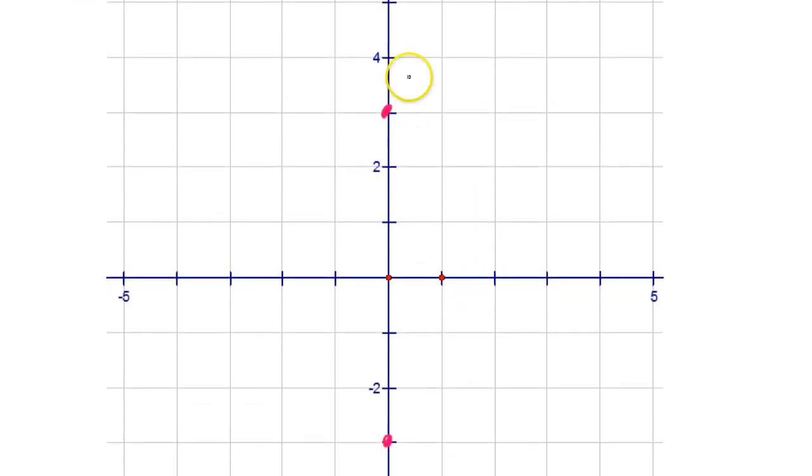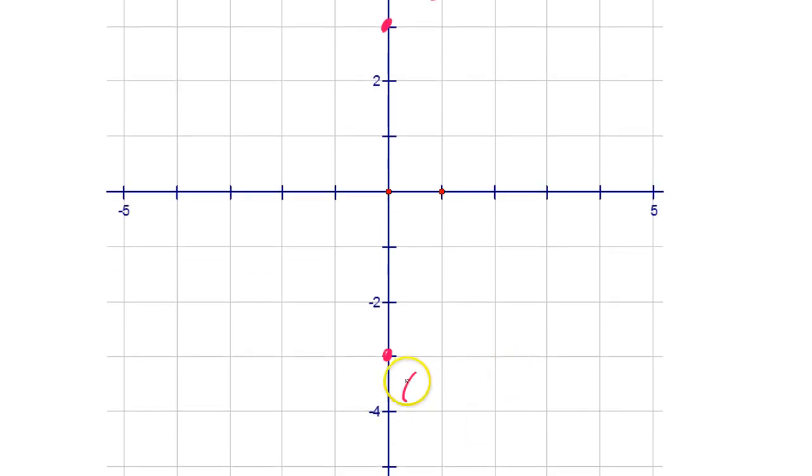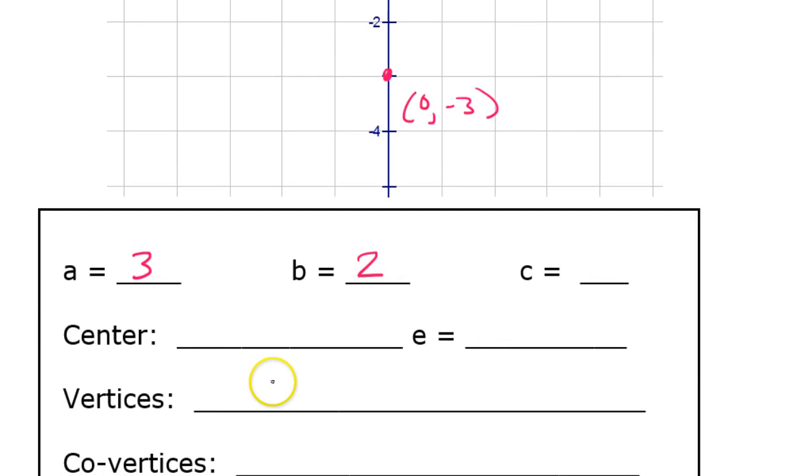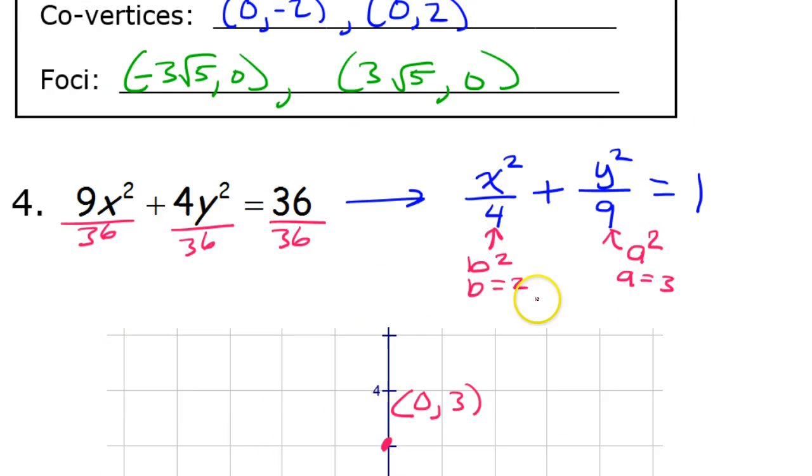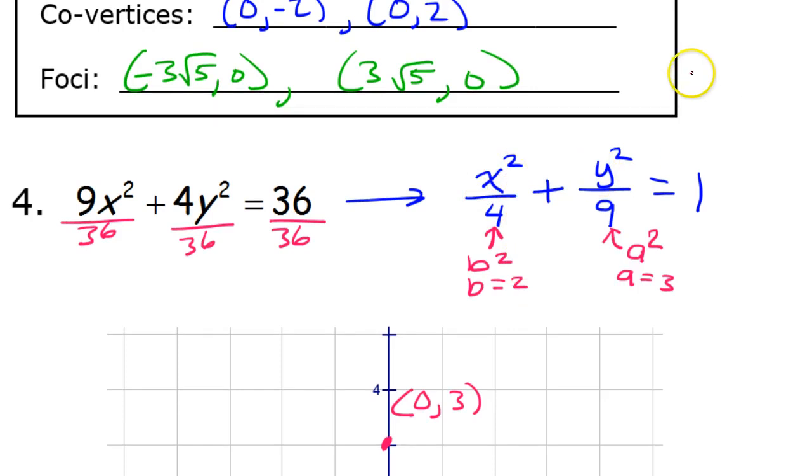Okay, so that's going to give me my vertices. So one vertex is 0, 3, and another vertex is 0, negative 3. Okay, of course the center is still 0, 0, because I still just have x squared and y squared. I don't have like x minus 5 squared or anything like that.